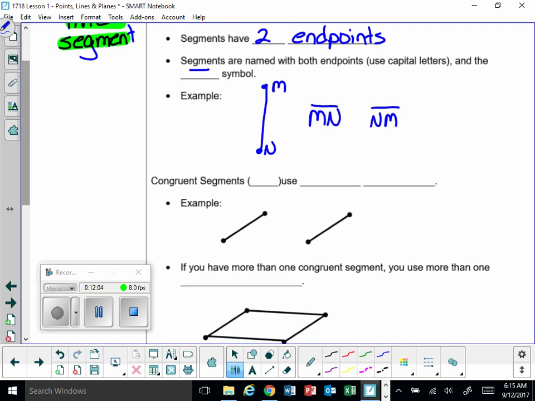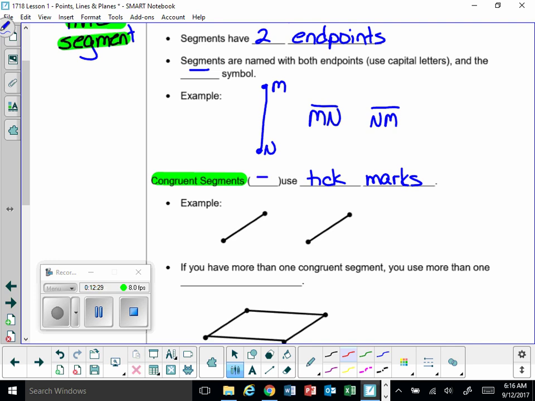Congruent segments. When we mark them in diagrams, they use tick marks. Now, congruent segments are exactly the same. They're the same structure, the same size, the same shape.